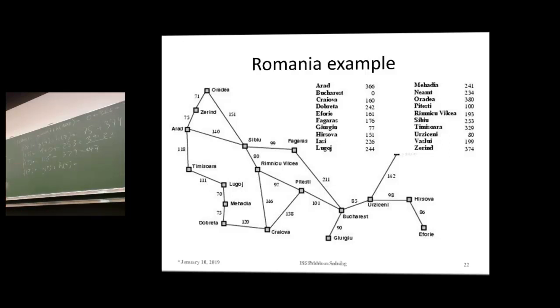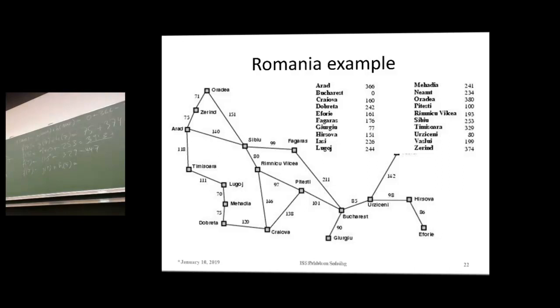So what is G for F? G of F. I hear the right number here. Anybody in the back with the right number? 99. That is one of the typical mistakes. The entire distance between the starting point and the node itself.